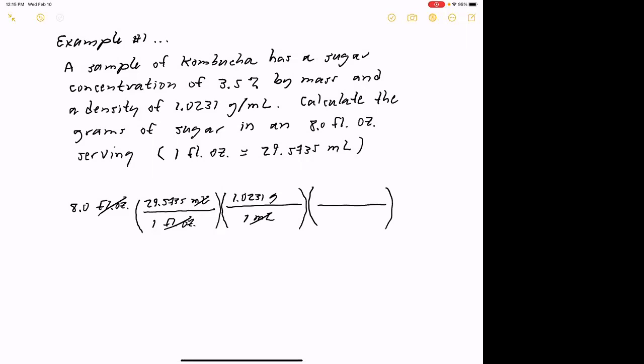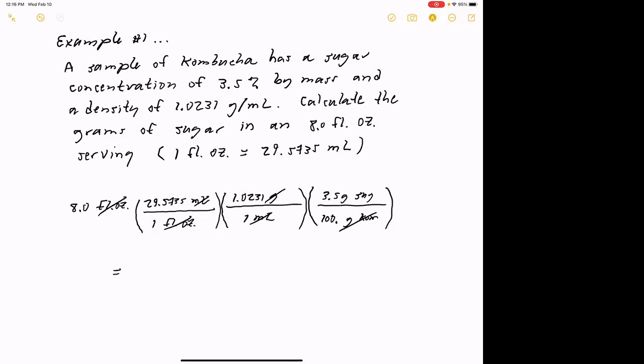Well, it means that I've got 3.5 grams of sugar per 100 grams of kombucha. And I'll put KOM for kombucha here because everything prior to this has dealt with the kombucha. Now I'm moving from kombucha to sugar. Okay, so now grams of kombucha will cancel with grams of kombucha. I'm left with grams of sugar.